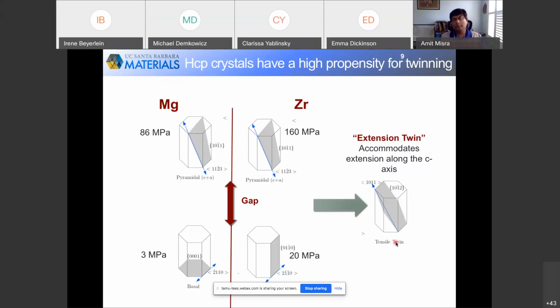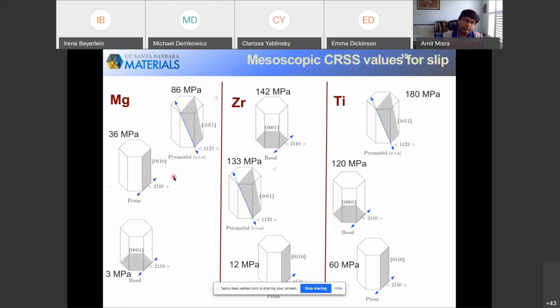But if it's easier to activate this twinning system, then it will occur in lieu of slip. Just to give you an idea across different metals, the activation stress for twinning has been quantified.